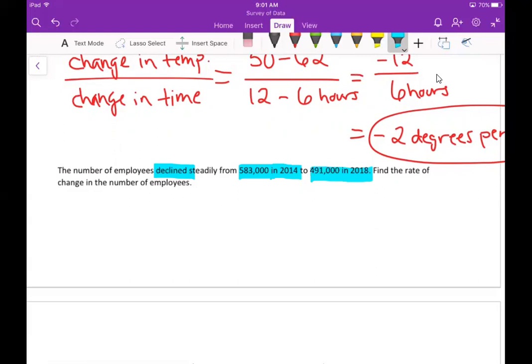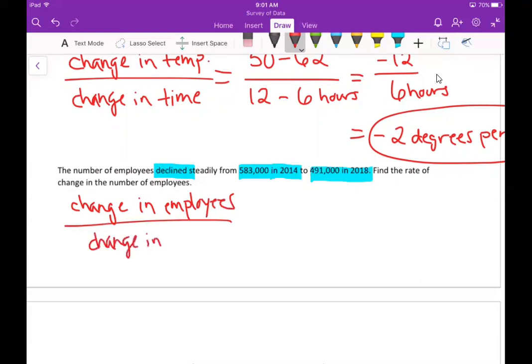Now, a lot of the time, notice that this time I didn't put in the time thing. Sometimes that's assumed. Okay, if we're finding the rate of change in the number of employees, we're going to find that rate of change over time. So again here, employees is changing with time. So we want to find the average rate of change by taking the change in the output, which is employees, over how much time has passed, change in time.